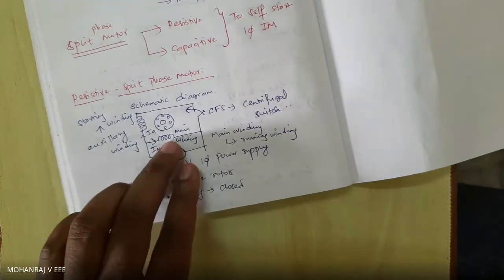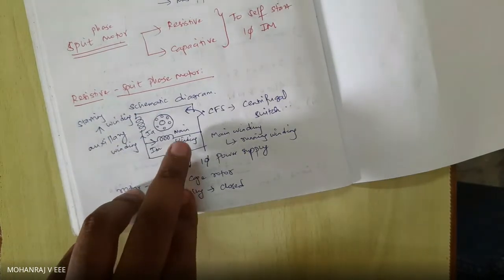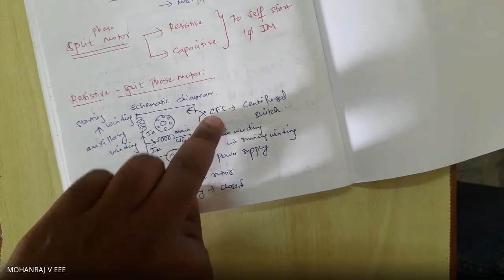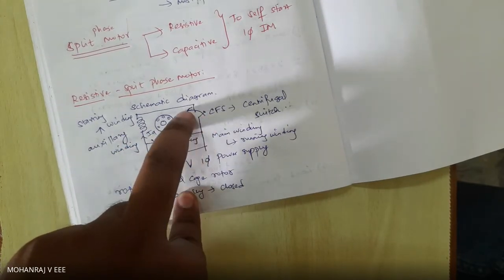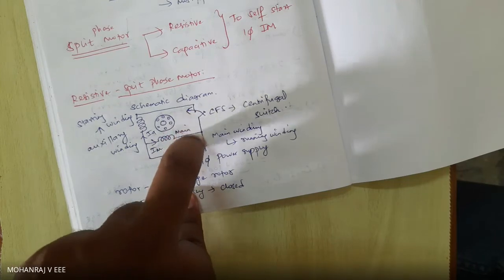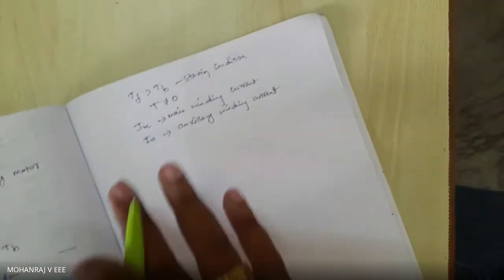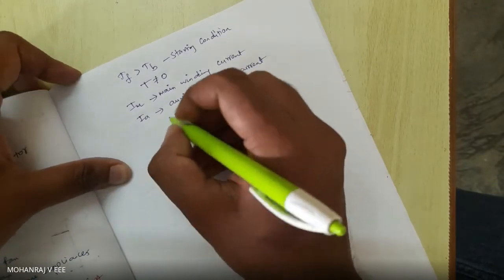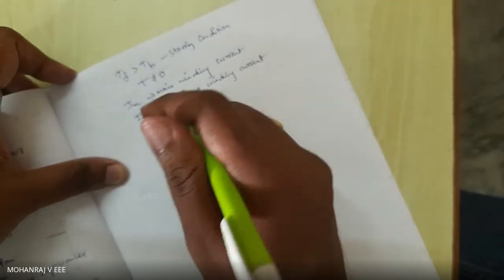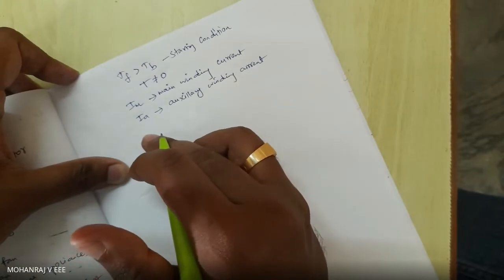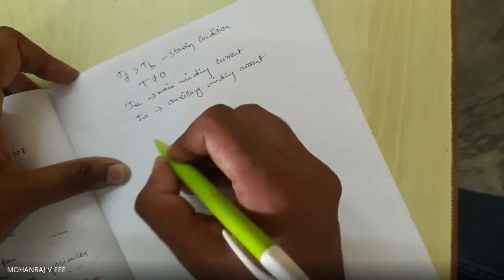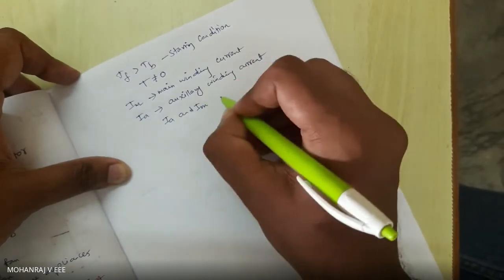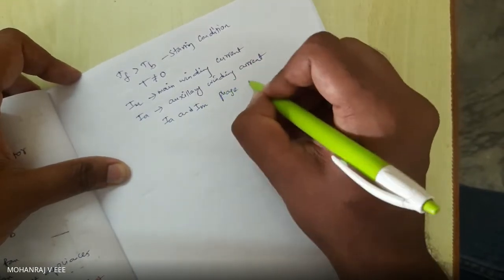When you apply a voltage, the current will flow because both the main winding and the auxiliary winding are in a closed path. CFS, that is the centrifugal switch, is closed now. Okay, fine. Now, IM and IA are AC currents, so there will be a phase difference between IA and IM.